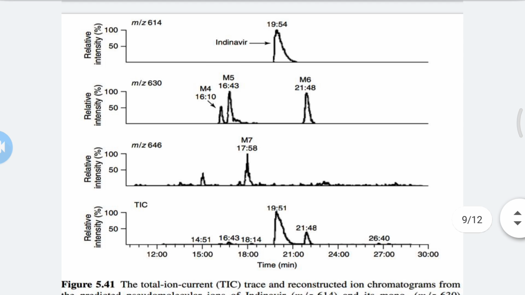Next, three different types of peaks are observed. First is 614, the molecular ion peak, and then the mass-to-charge gives a molecular weight near 630, and next is 646.